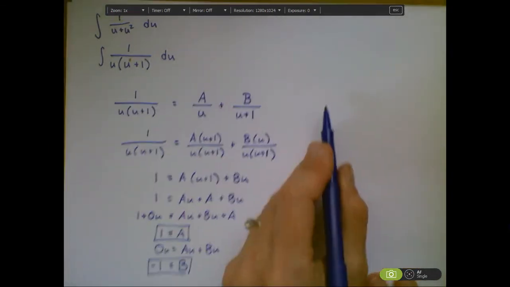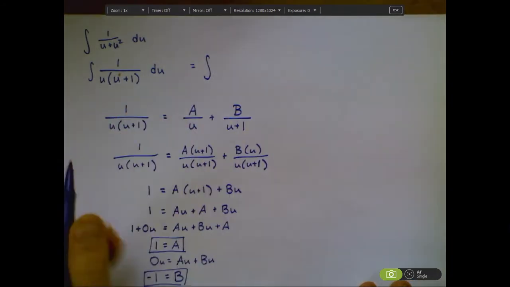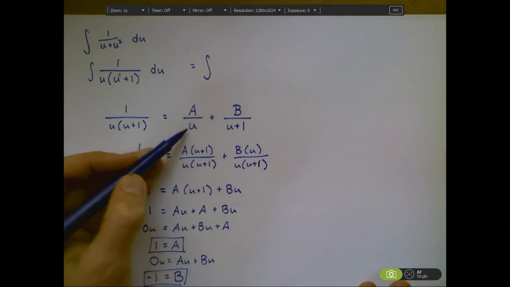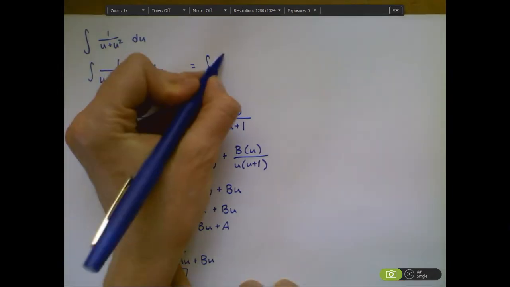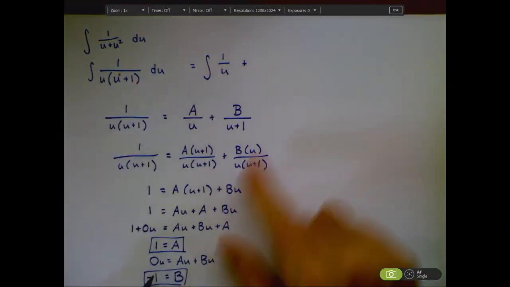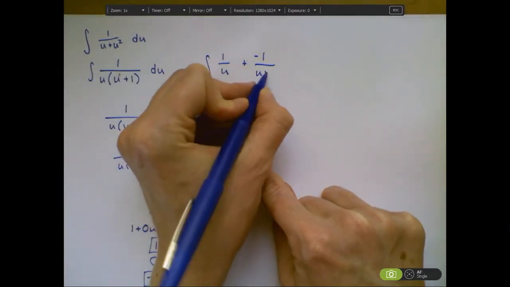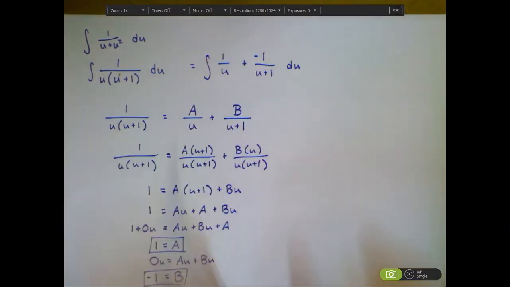And going back to our original fractions, that means that this integral up here is equal to the integral of, A was over the numerator of u, so this is 1 over u, plus what was B, negative 1, over u plus 1, du.